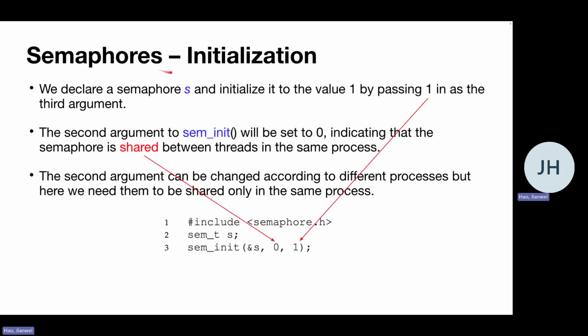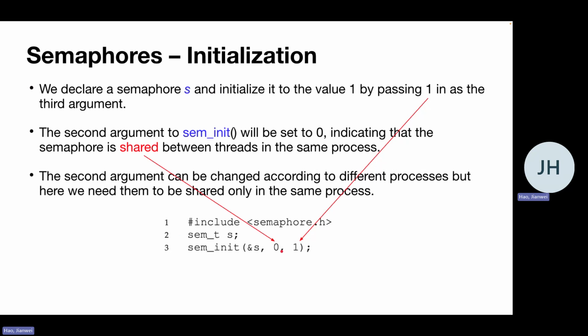For the semaphores, the first thing we need to do is initialization. We declare a semaphore S and initialize it to the value 1 here by passing the 1 as the last argument. The second value is set to 0.